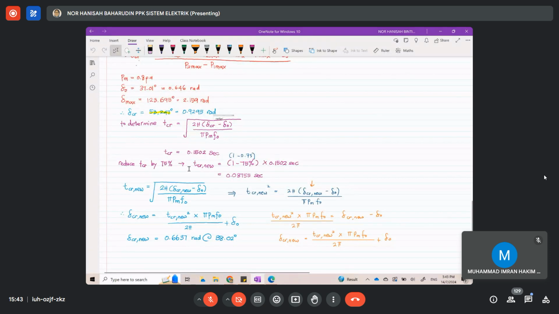And then if I ask you to reduce by 75% from the original critical clearing time, you should multiply it by 1 minus 75%, which is 1 minus 0.75, which is 0.25 times the original. And then once you get the TCR new, you can rearrange the formula here to get the formula for your TCR new. And then finally, you are going to get the new critical clearing angle.